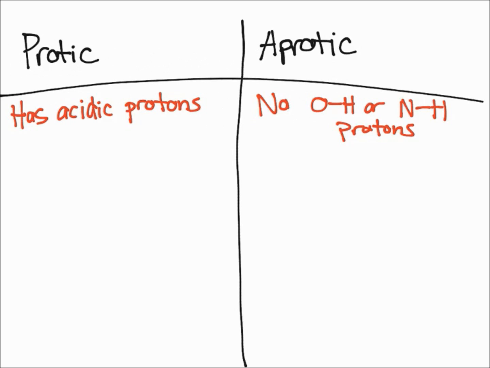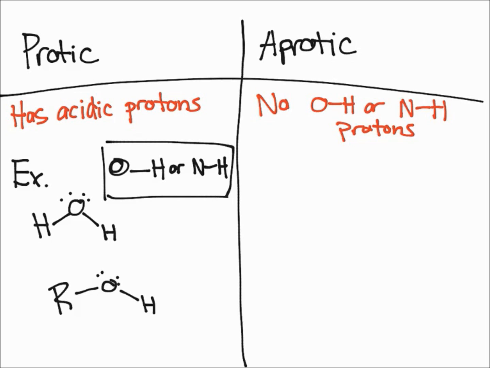First, let's compare protic versus aprotic. Protic solvents have acidic protons, and these are usually an OH or an NH. Let me draw you some examples. We're going to be essentially focused on alcohols and hydrogens bonded to nitrogen.